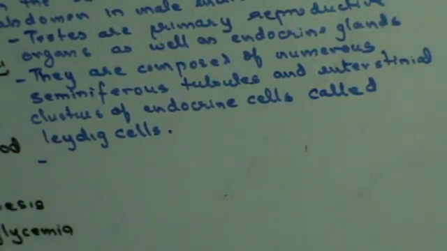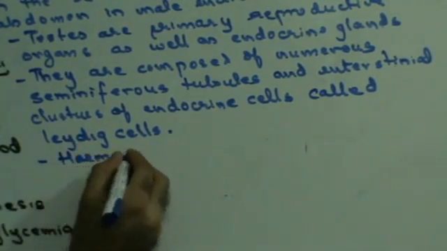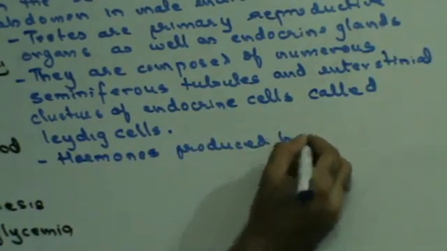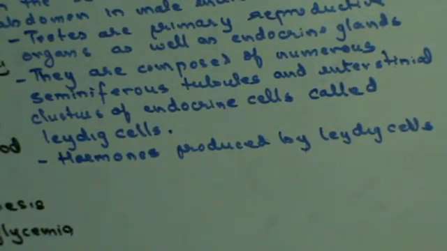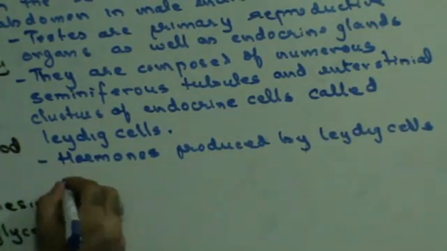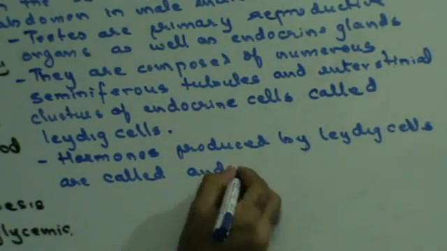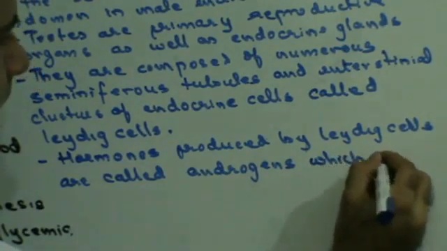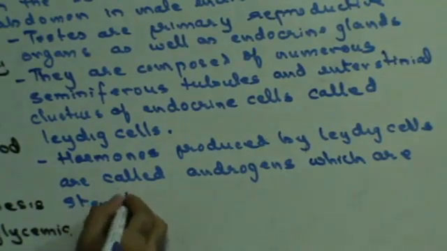Now, the hormones produced by Leydig cells are called androgens. These are the hormones that are produced by the Leydig cells, which are steroids. Right?